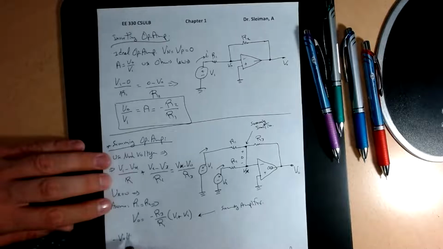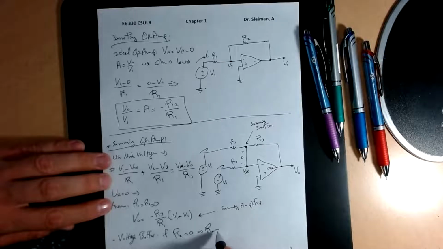Voltage buffer. What happens when the voltage is passed as a buffer? If R2 is equal to 0, that means R1 goes to infinity.